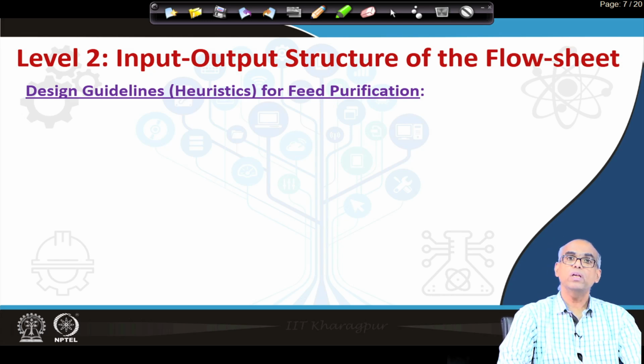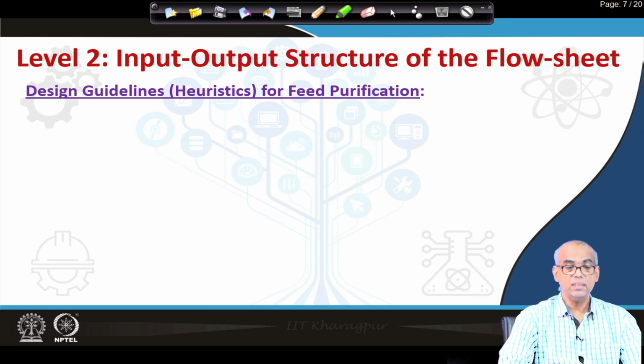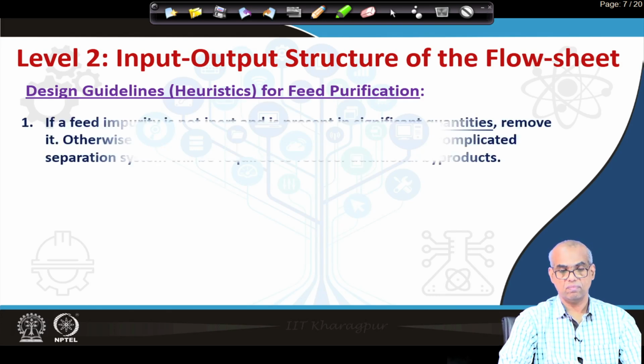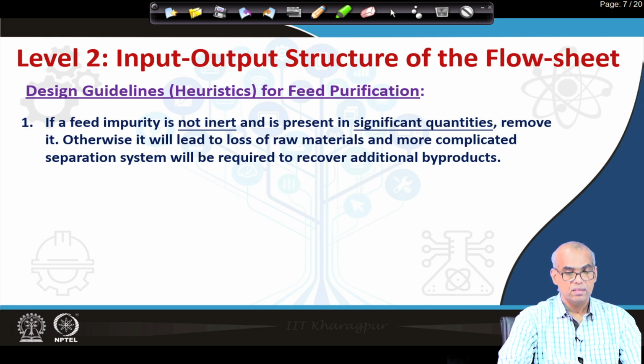Now, we will go one by one and see what heuristics or design guidelines are available for these questions. First, what is the design guideline or heuristics available for feed purification? This will answer the question, should we purify the feed before it enters the process?